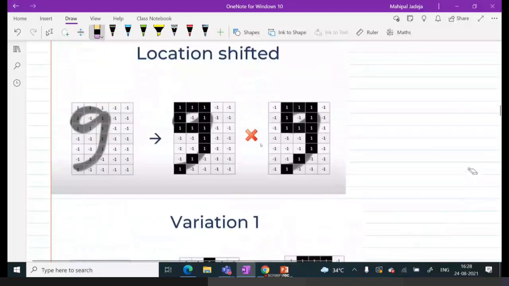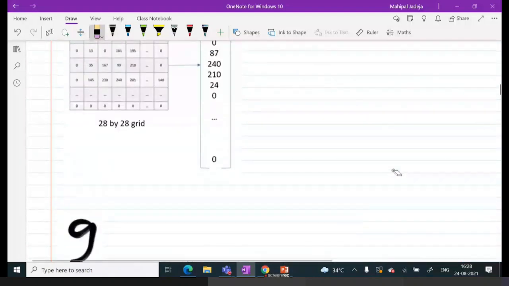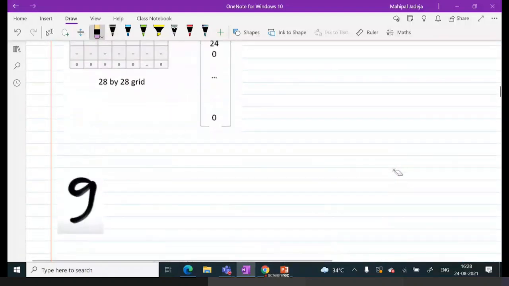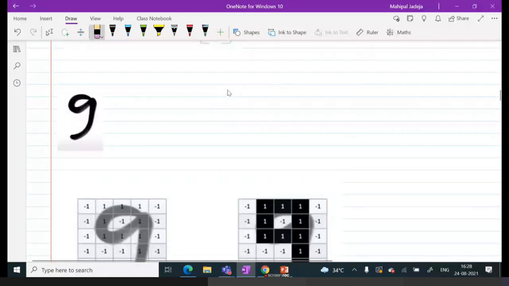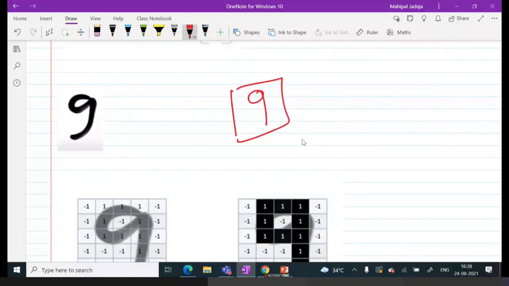One more disadvantage is that this particular system is not location invariant. For example, if you remember, in the case of MNIST, all the images were located in the center. But if I give an image like this, where the number is not located in the center, then the system may not give us good accuracy.